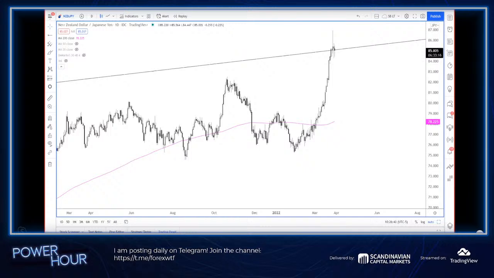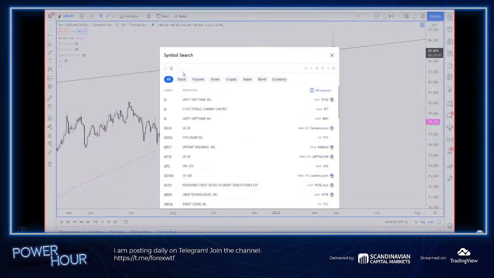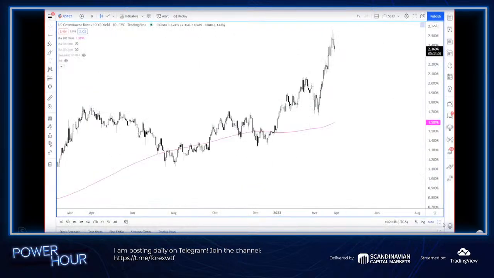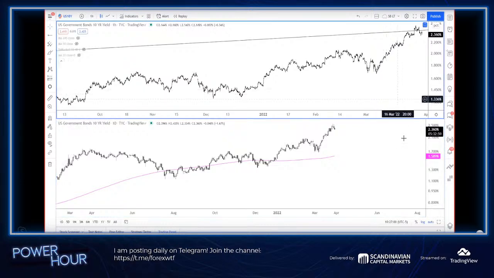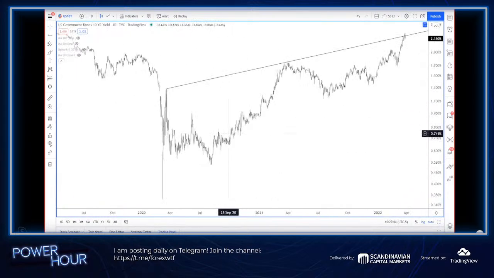maybe the next phase is something more along the lines of a traditional risk off, and we actually get bonds to rip. And that's something else to look at. Like, all right, check this out. So I'm going to go to US 10-year. Okay, we're going to go to 10-year yield. All right. Here's a daily chart.